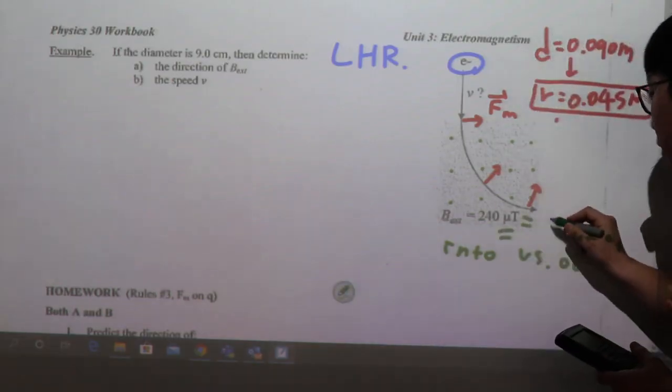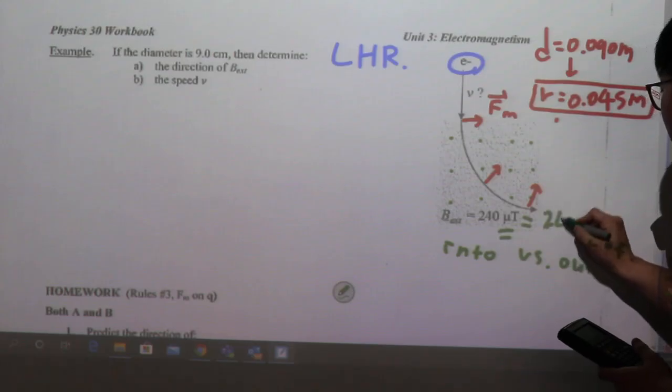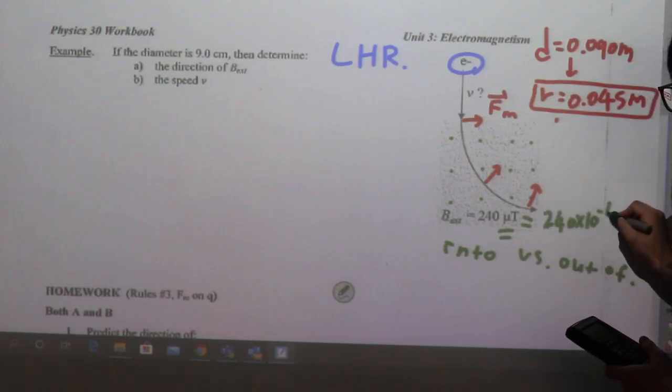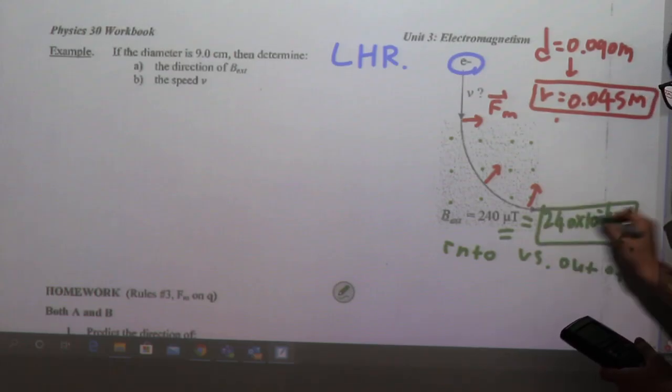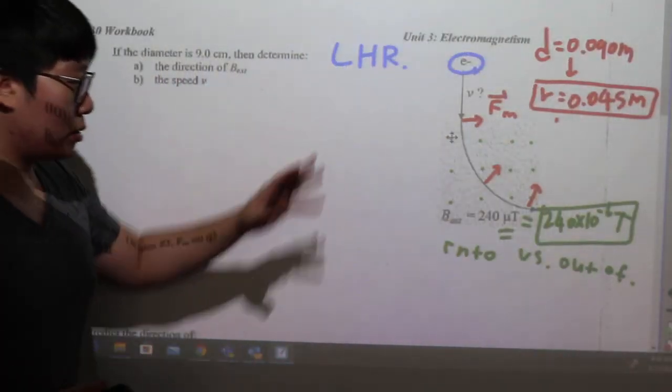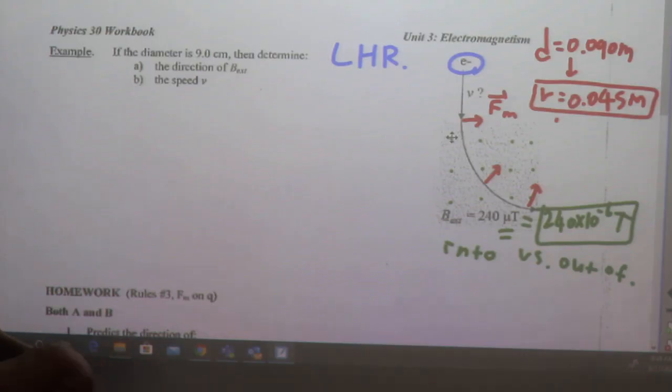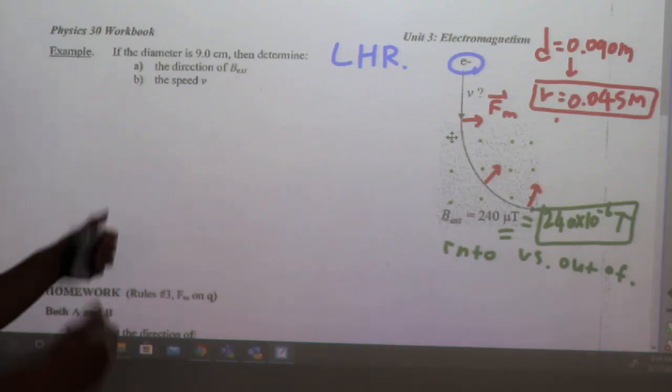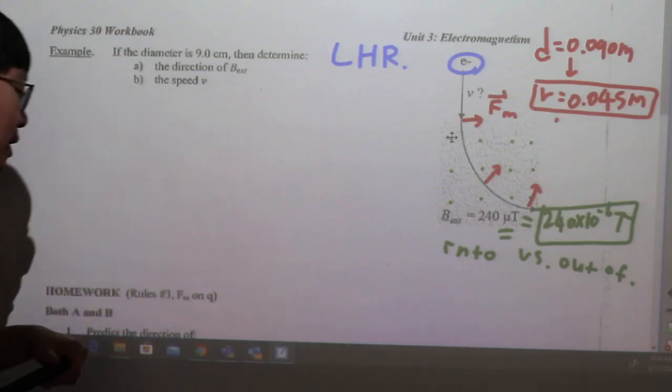Micro means 10 to the power of negative 6. So 240 times 10 to the power of negative 6 Tesla. So you have those two. And basically, we are going to find out every single question that is involved with finding out the speed amount.